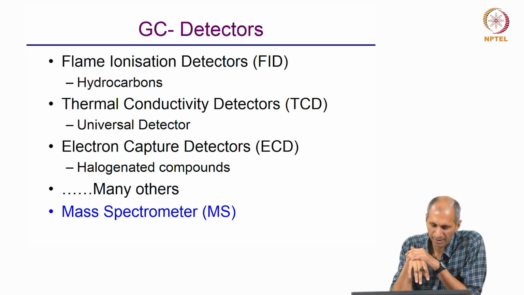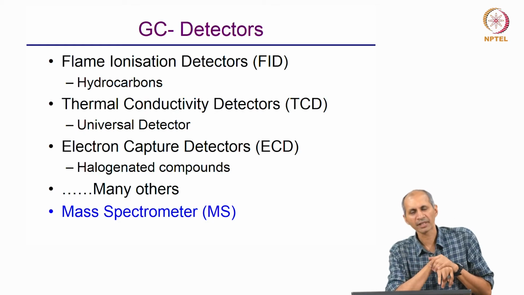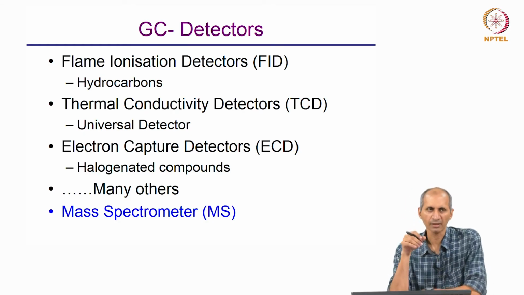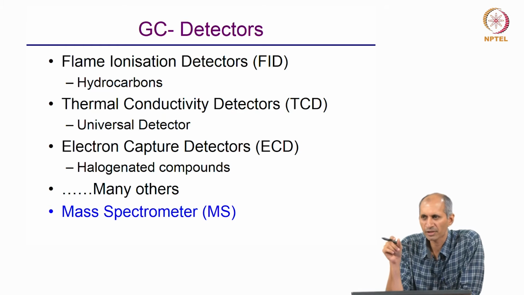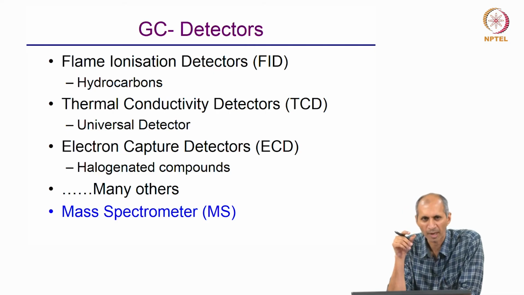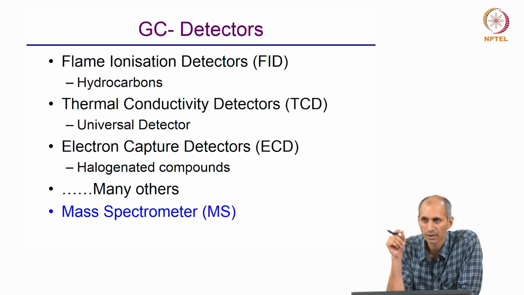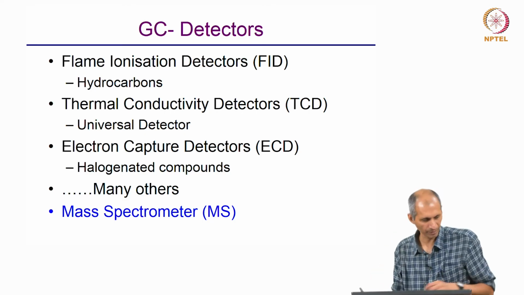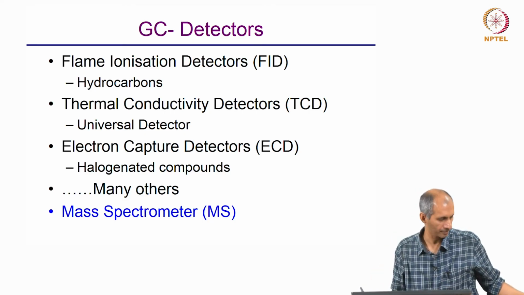What the flame ionization detector does in general is that they are all based on some kind of electrical measurement. The signals are all electrical measurements. In this case there are two contact points in between. Whatever sample is coming out will burn, the sample combusts.